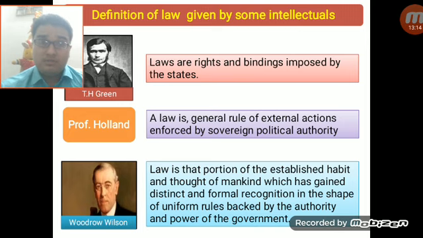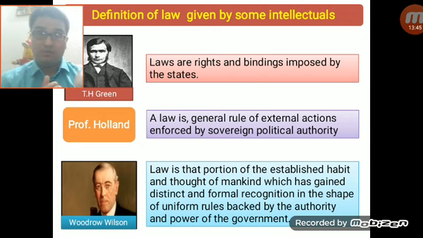According to Woodrow Wilson, law is that portion of the established habit and thought of mankind which has gained distinct and formal recognition in the shape of uniform rules backed by the authority and power of the government. So dear students, among these definitions, the first two are very important for knowledge-based questions, so you have to give much attention to the first two definitions of law.